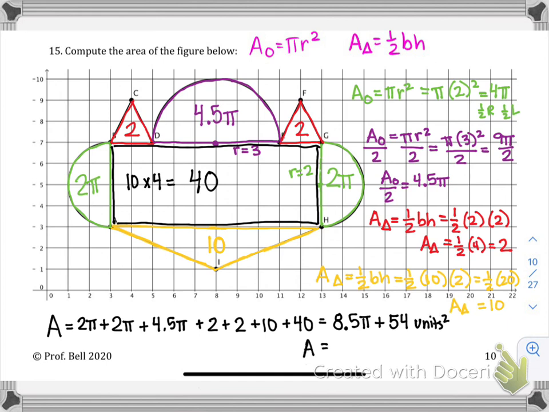So our area is equal to 80.69 units squared. Okay. That is the area of this entire figure.